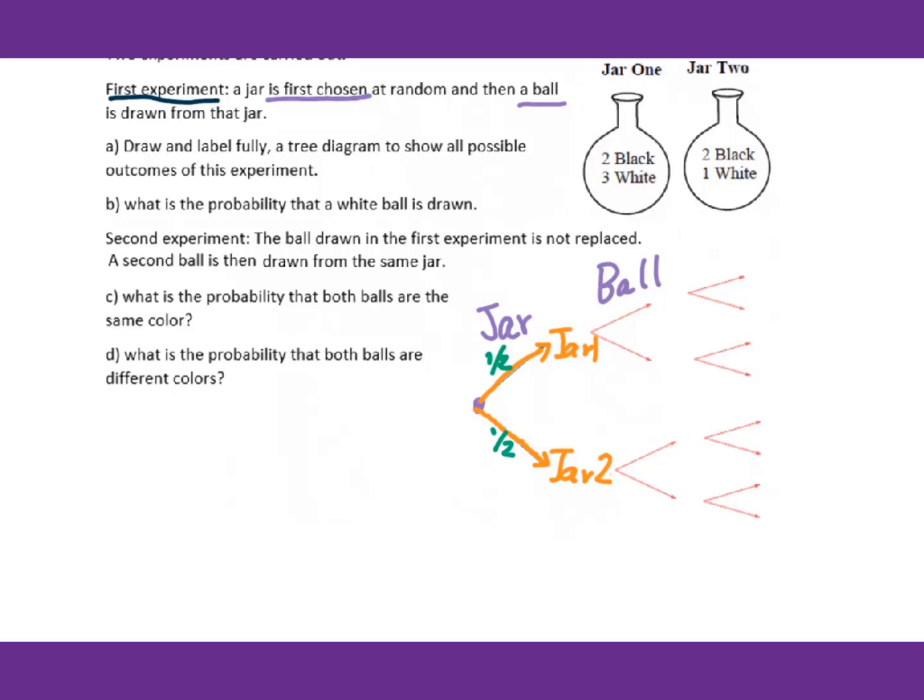If you got draw 1, then for the ball, you have a black and a white. The probability for draw 1, black will be 2/5. White will be 3/5.